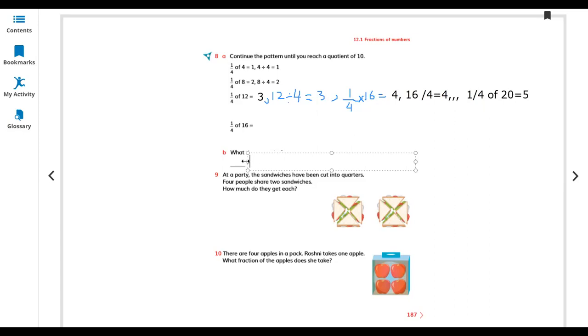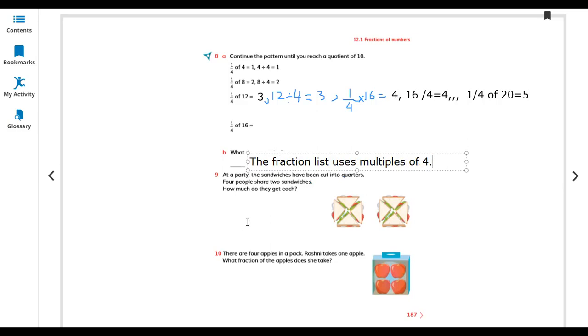We can write here: fraction list uses multiples of 4. That's enough. No need to write further.